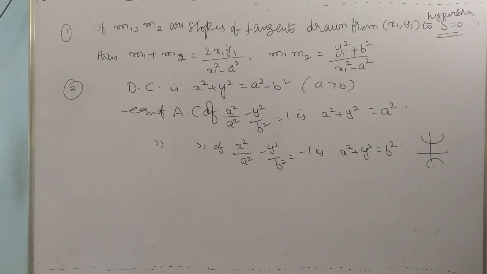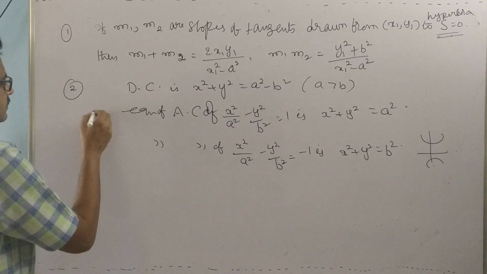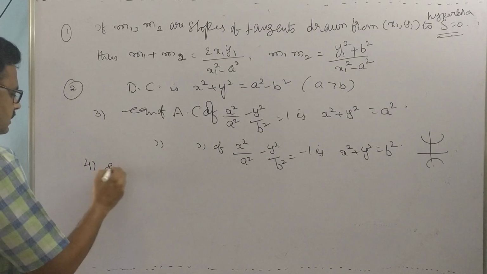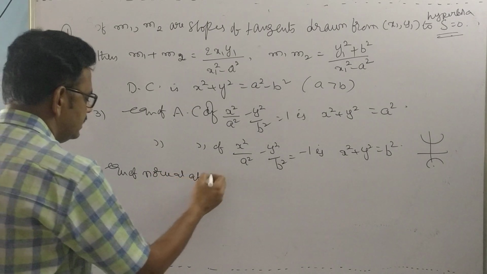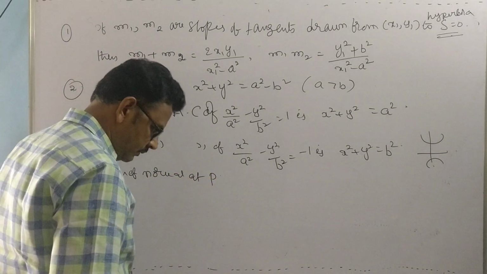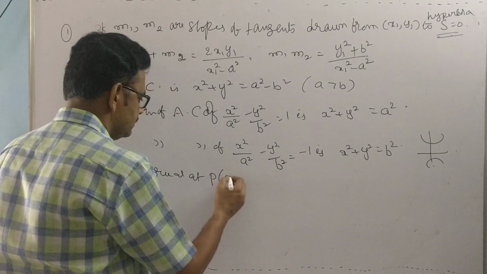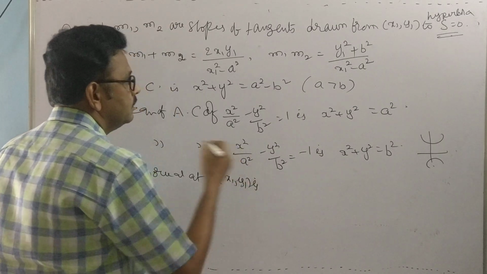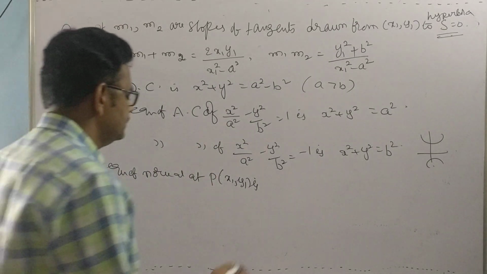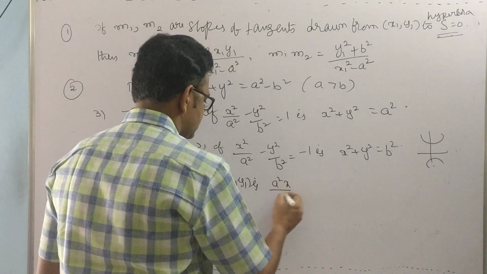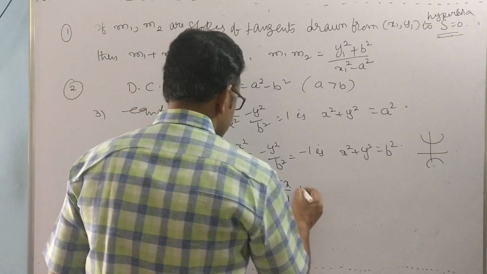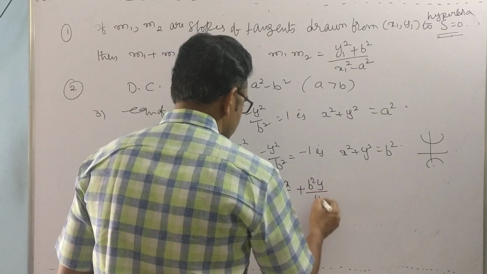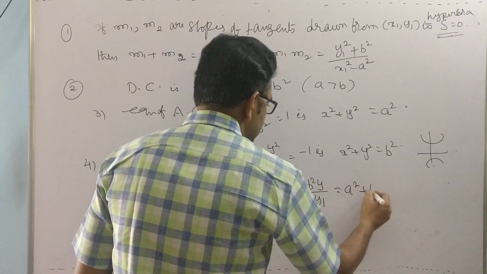Next one, equation of normal at the point P(x1, y1) is a square x by x1 plus b square y by y1 is equal to a square plus b square.